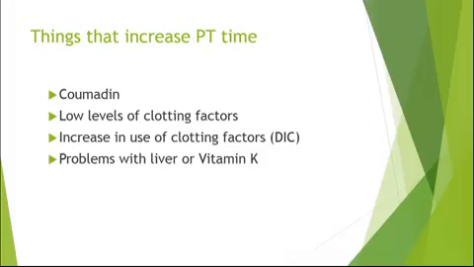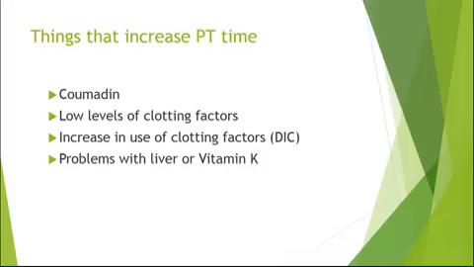If you remember, I know you thought you'd never have to hear that again, right? But if you think about it, what happens in DIC is that we have millions and millions of these little clots in the circulation, and to make clots, you have to have platelets, fibrinogen, and clotting factors.